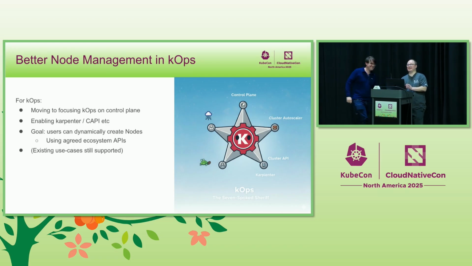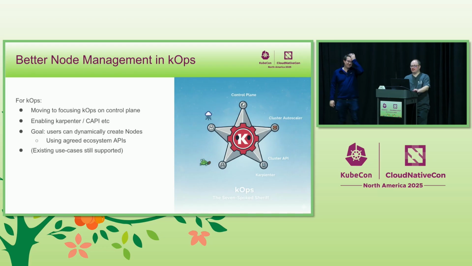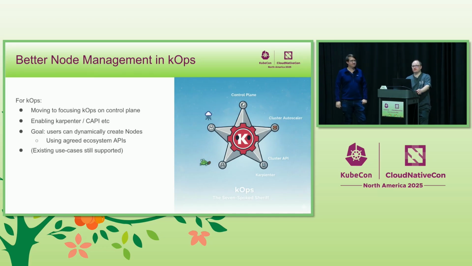Sorry. So for kOps, what we're trying to achieve is to move the focus of the project on the control plane itself. So trying to build a better control plane, a more available control plane, and enable Karpenter and Cluster API in the future to take care of the nodes.